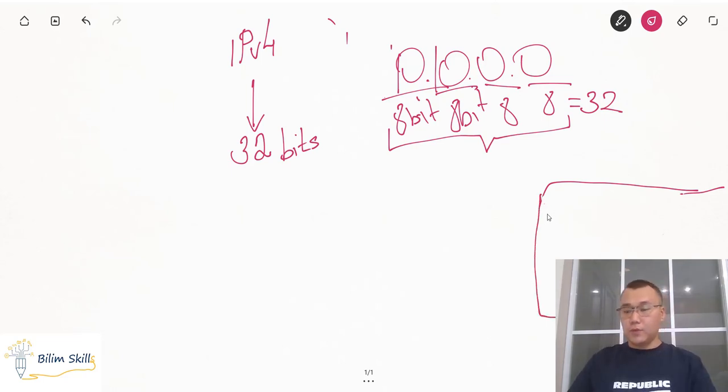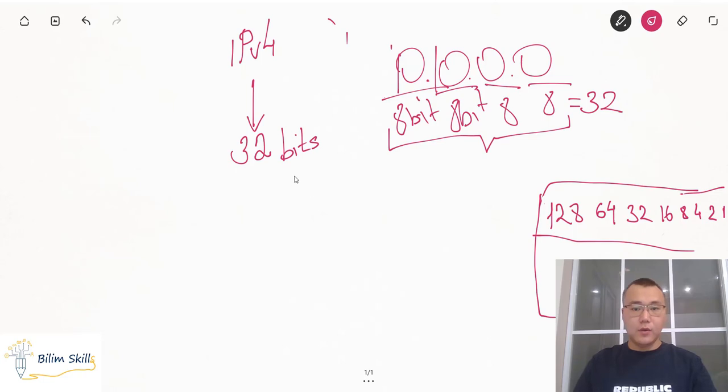So let's write the order of converting from decimal to binary, which will be very helpful for us. It is this kind of numbers: 16, 8, 4, 2, 1. Later we will come to these numbers. For that, just remember.